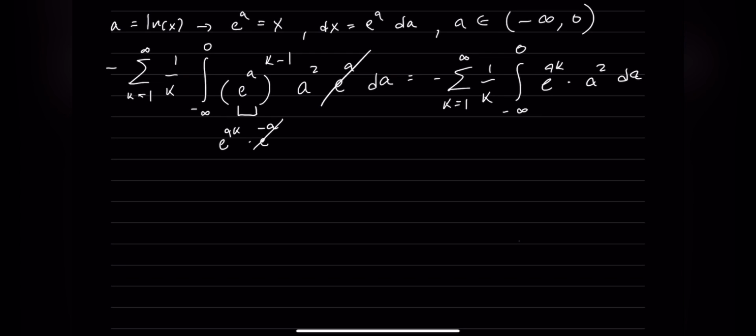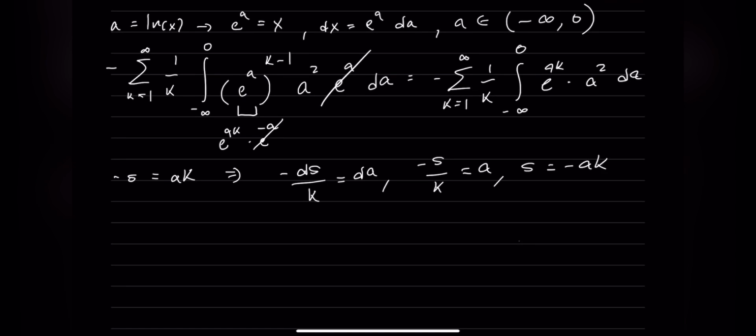So we're going to let minus s equal ak, so this means that minus ds over k is equal to dA, and also that minus s over k is equal to a, and that s is equal to minus ak.